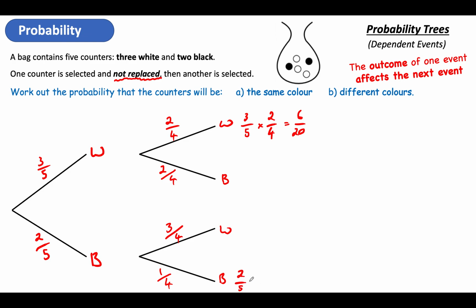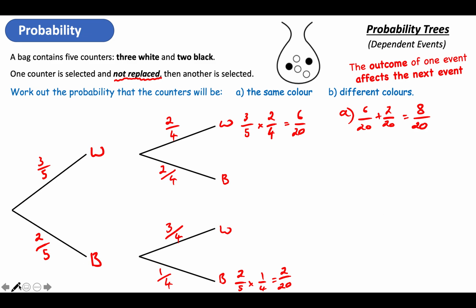So 2/5 times by 1/4. Multiply the tops, multiply the bottoms, 2/20. And so to answer A, I need to add those 2 options together, because remember, when you need more than one option, you need to add them together. Just put them together. And that is 8/20, or anything equivalent to 8/20.